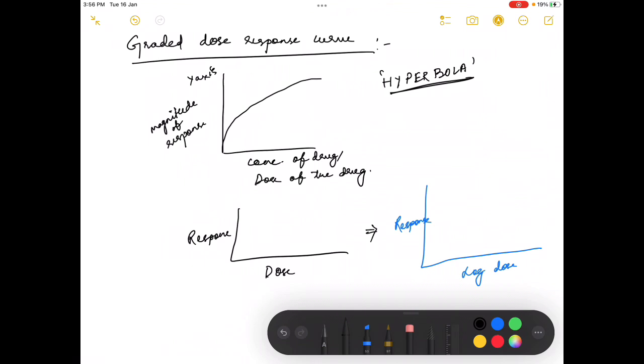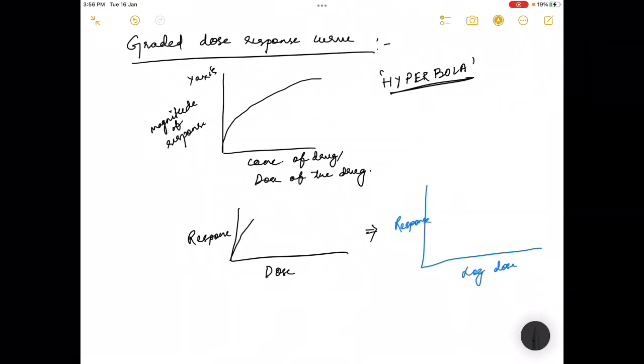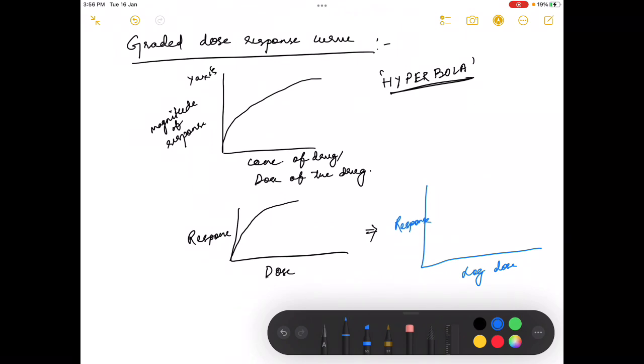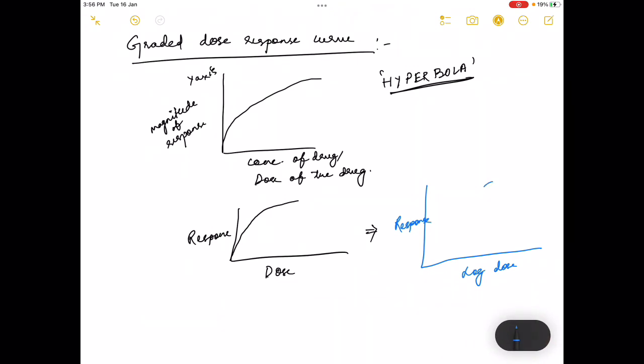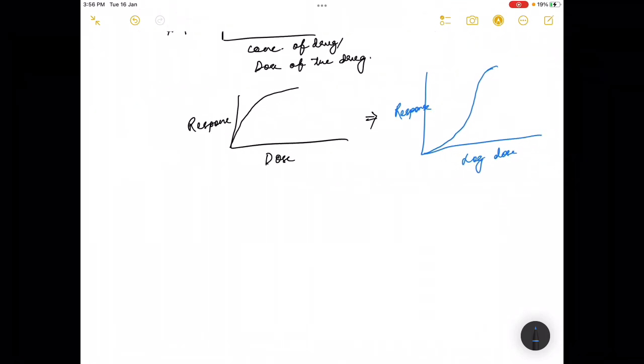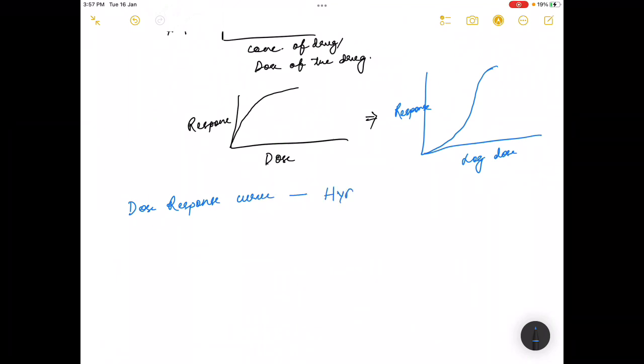As we have studied, the shape of the dose response curve is a hyperbola, so mathematical calculations cannot be done. So it is converted into a log dose response curve, and this log dose response curve is a sigmoid shaped curve. Okay. So what is the shape of dose response curve? It is hyperbola.